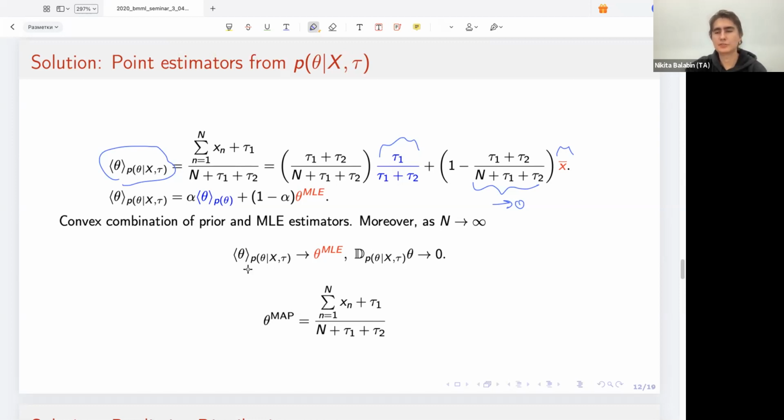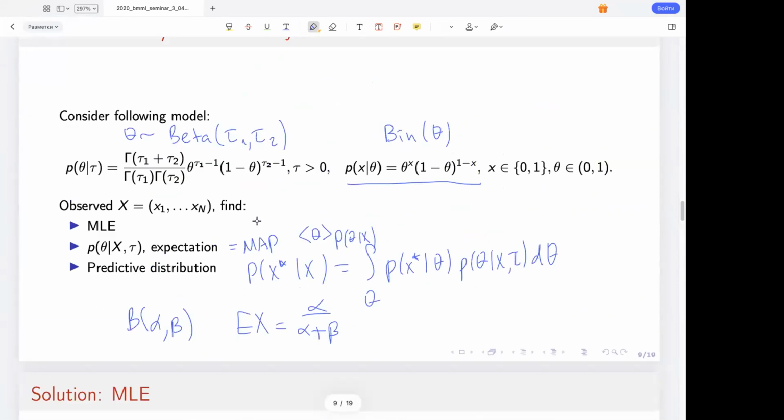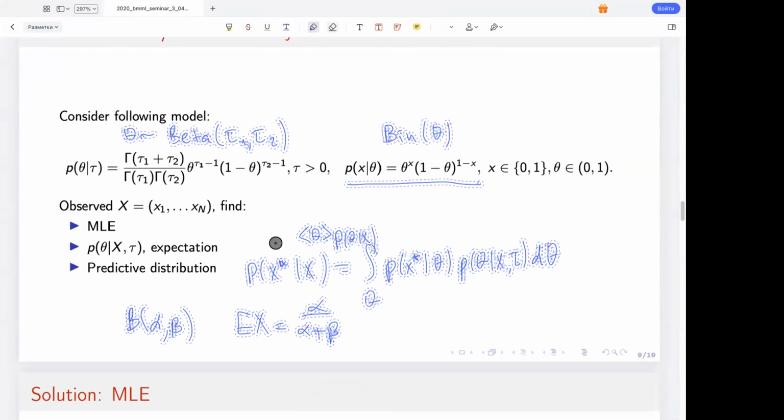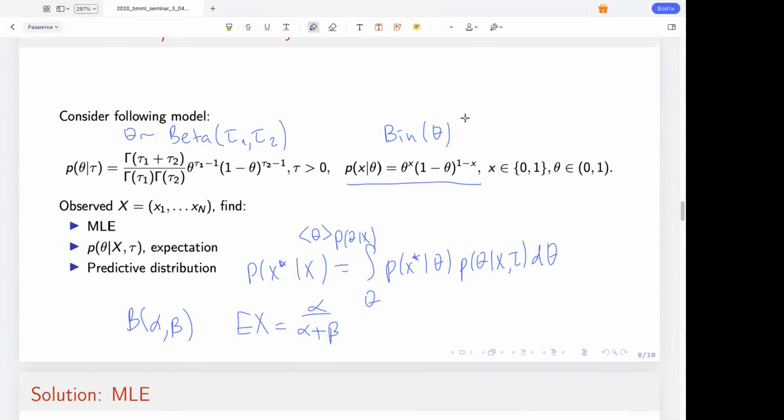Okay, any other questions? Can you again please explain this terminology? Can we go back to the task? So okay, I understand. What does MAP exactly mean? Does it mean expectation with respect to the posterior distribution? Yes, it's my mistake. It's not MAP, it is just expectation. And what does MAP mean exactly? I'm confused a little bit. MAP is when we maximize our posterior.